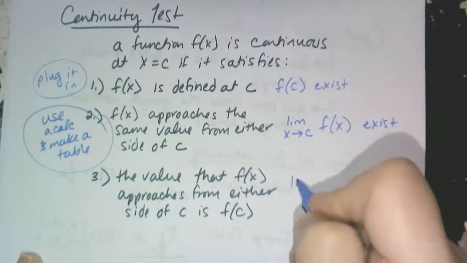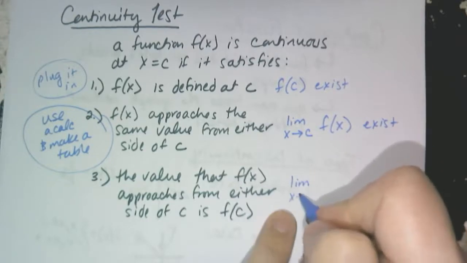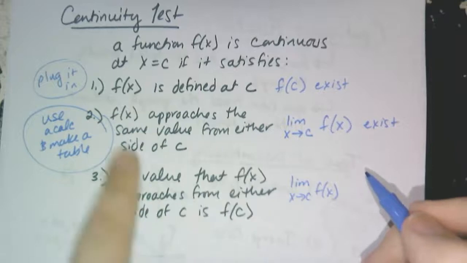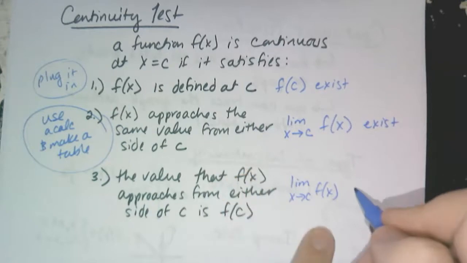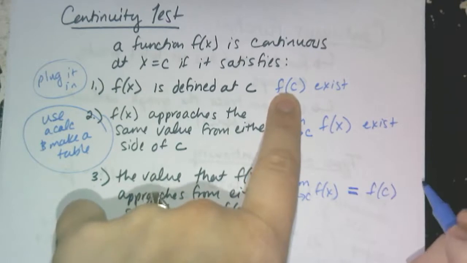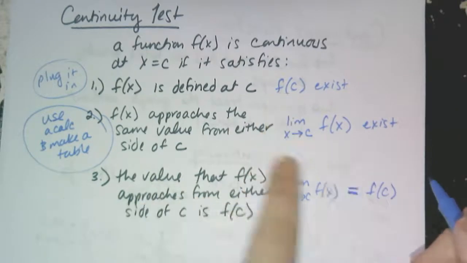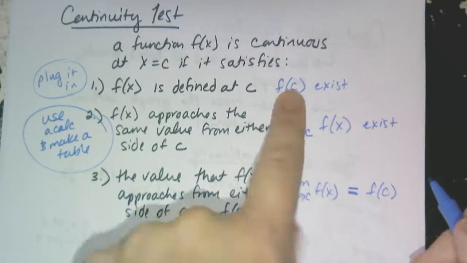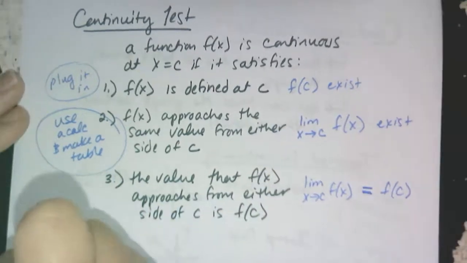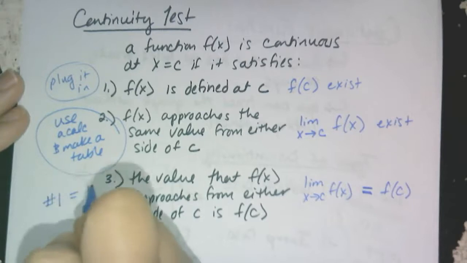Again, mathematics-wise, the limit as x approaches c of f of x, meaning what I just found out in number 2, was the same as what I got in number 1, f of c. So that's my little trick here, that your number 1 is equal to your number 2.